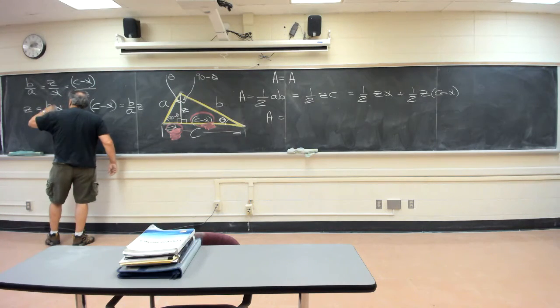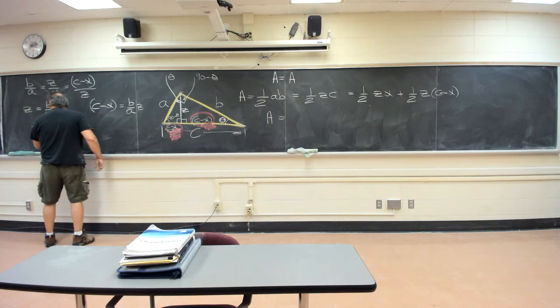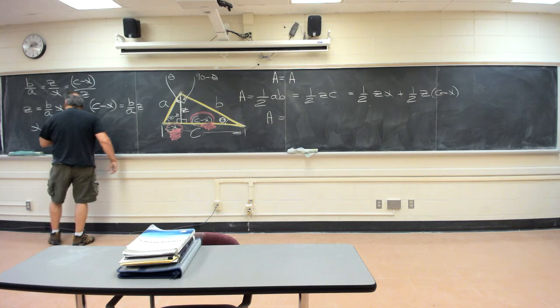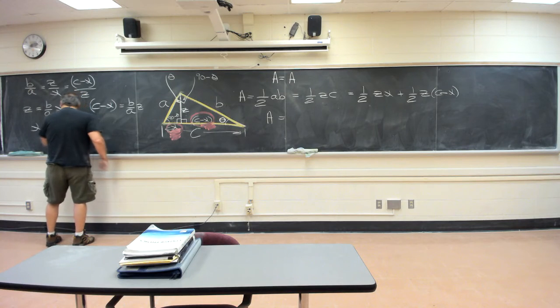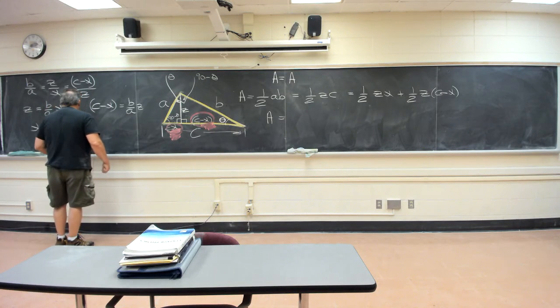Multiply by A over B on each side. And you got A over B times Z. Now you're probably wondering, okay, what's going on here?